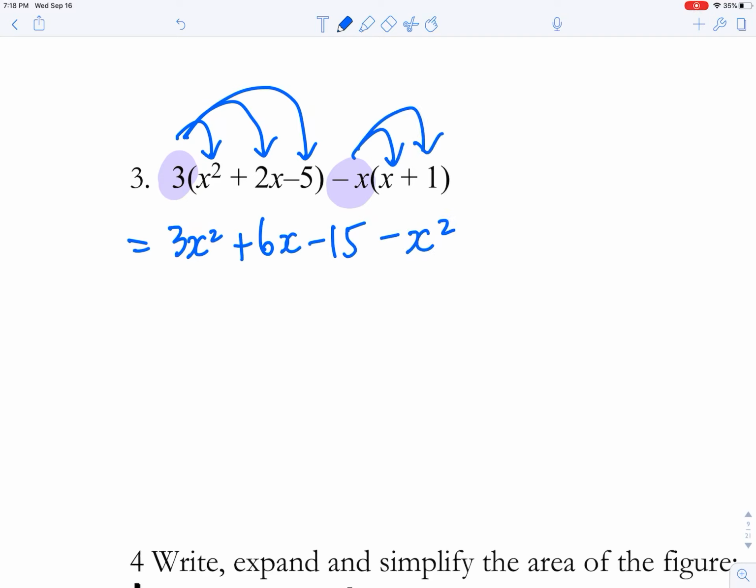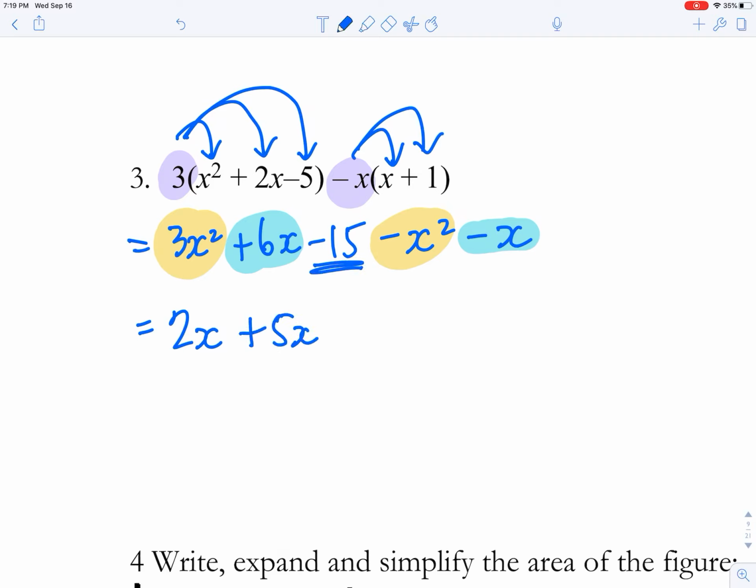Minus x onto 1 gives me minus 1x, or just minus x. And now I'm going to collect like terms. So 3x squared minus x squared gives 2x squared, plus 6x minus x is plus 5x, and then that minus 15 just on the end.